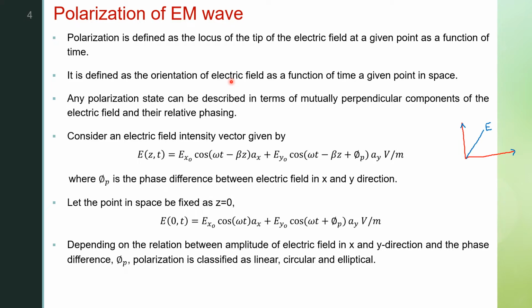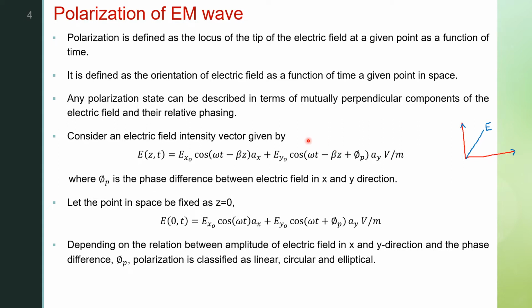Any polarization state can be described in terms of mutually perpendicular components of the electric field and their relative phasing. That means if the electric field vector is something like this, it can be notated with the help of its mutually perpendicular components.